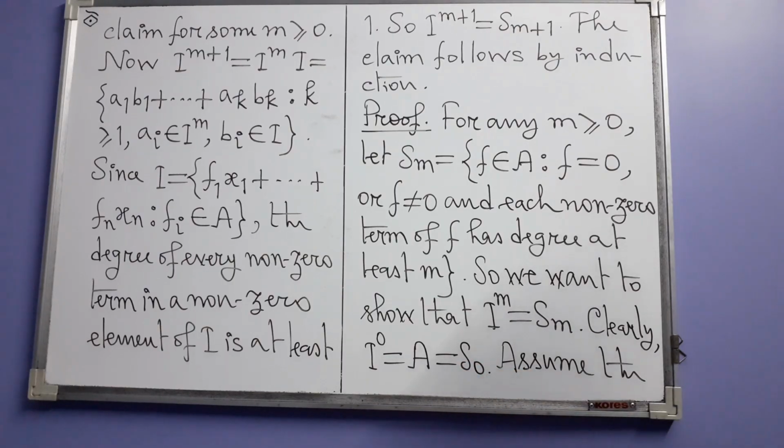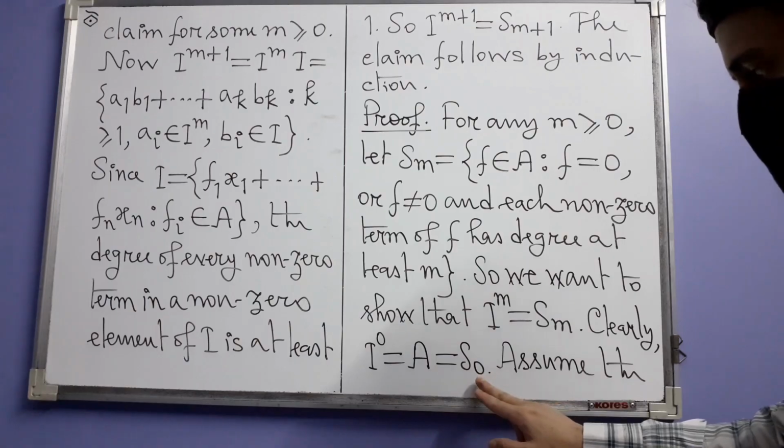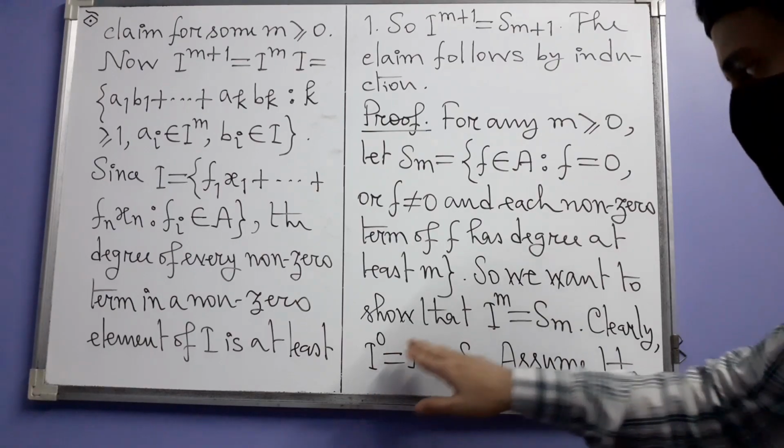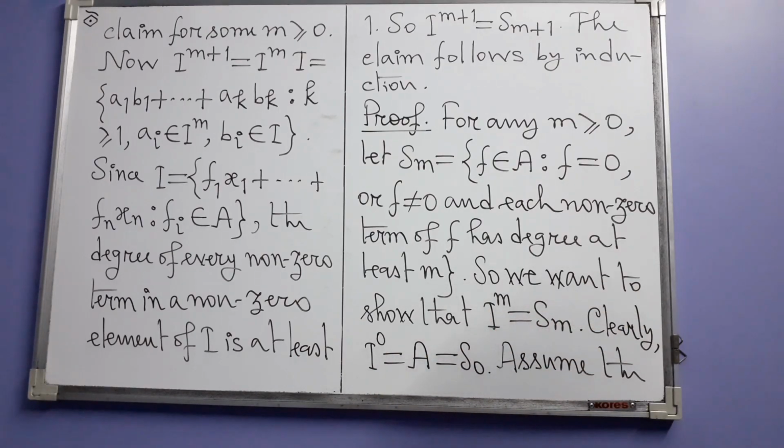Why? Because S0 actually consists of all polynomials, since the degree of any term by definition is greater than or equal to 0. So every polynomial will satisfy this condition when m is 0, and that is why S0 is A. So in this case at least, yes, the claim is true.